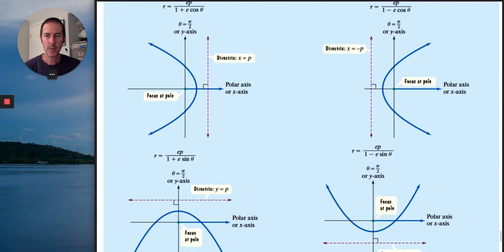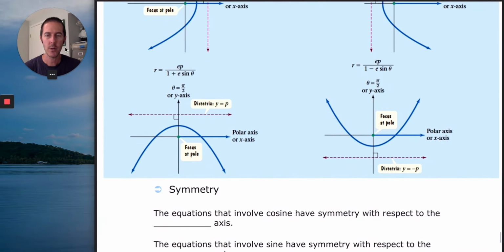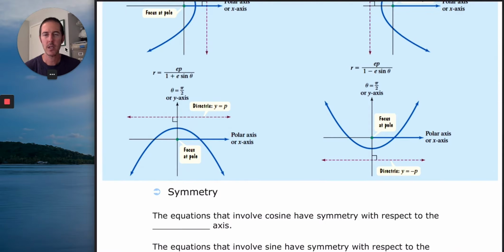Farther down the page, we're seeing the plus and the minus in the denominators for these equations, and these equations involve the sine function, and there is concavity downward and upward.